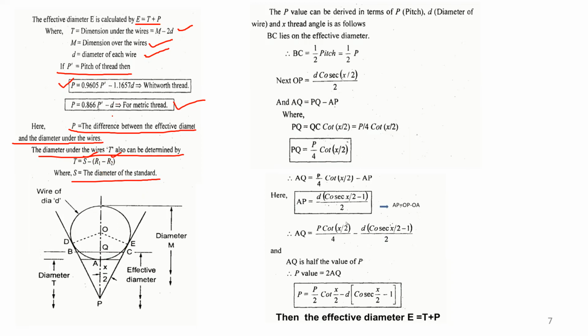So theoretically, we can also find the correction factor value P. For that, we can derive the P value in terms of the pitch, the diameter of the wire, and the thread angle. Here we are considering only one groove of the thread. So let us take this thread, with the number of grooves.